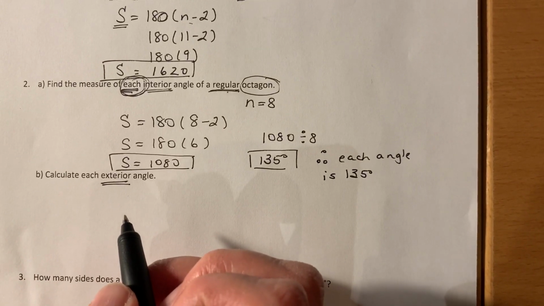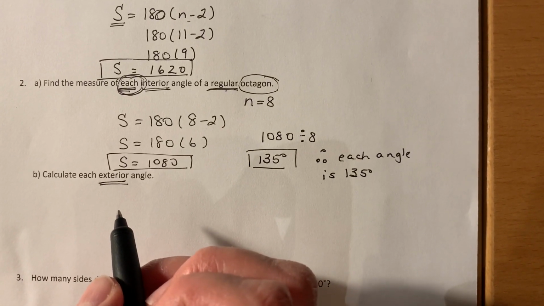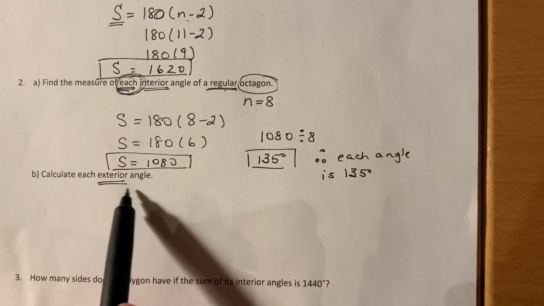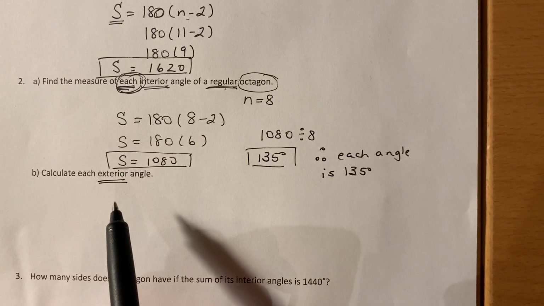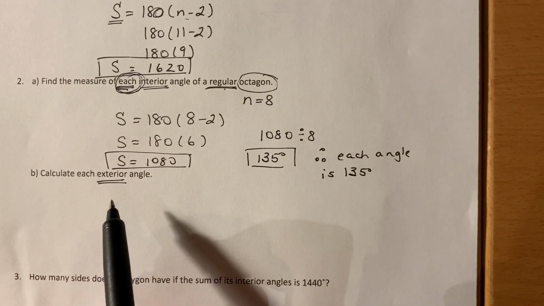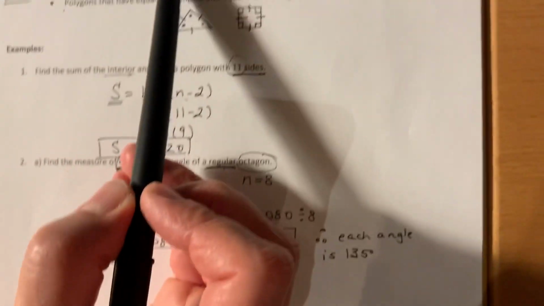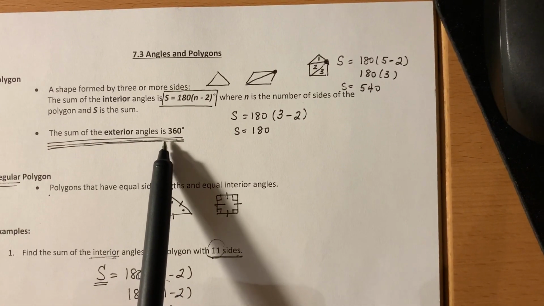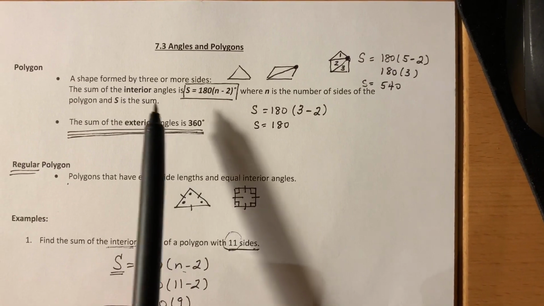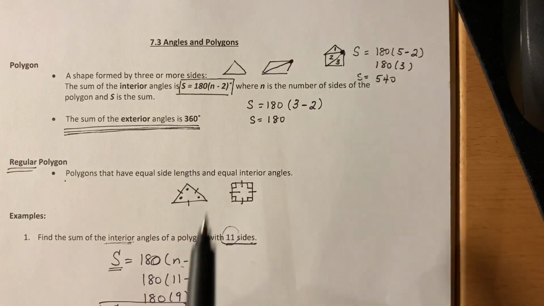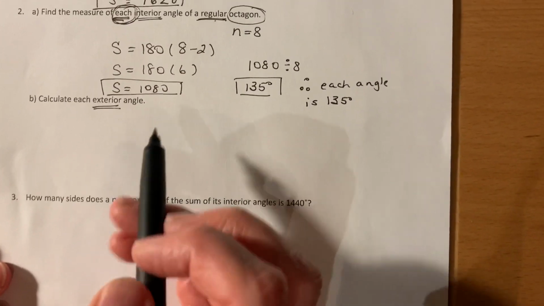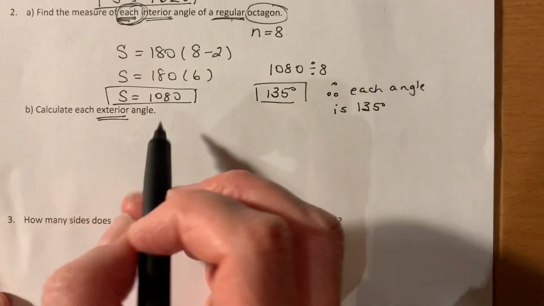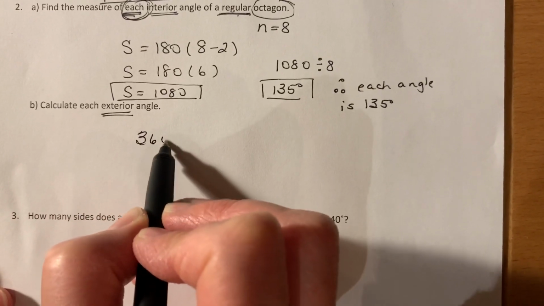What about each exterior angle? What do I know all the exterior angles of every polygon add to? 360, regardless of the shape of the polygon. So for an octagon, all the exterior angles add to 360.